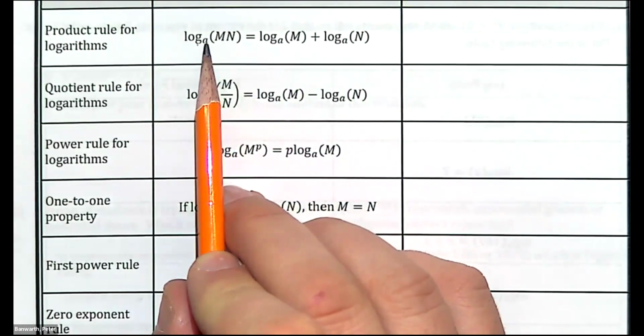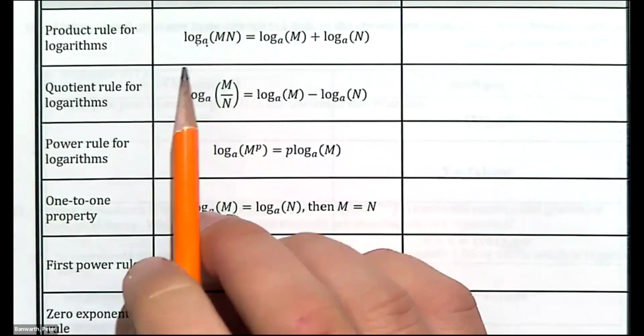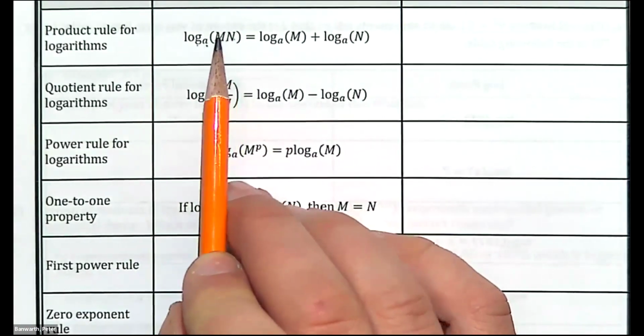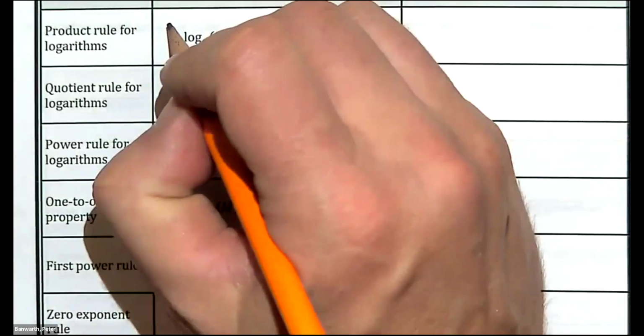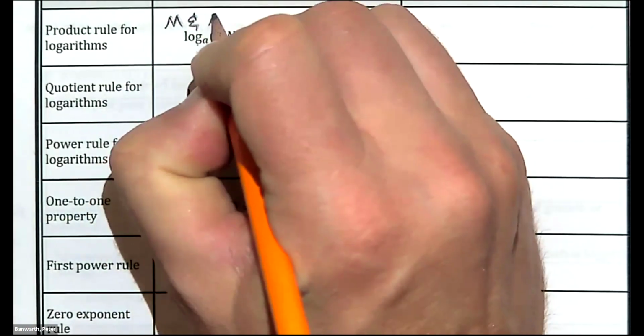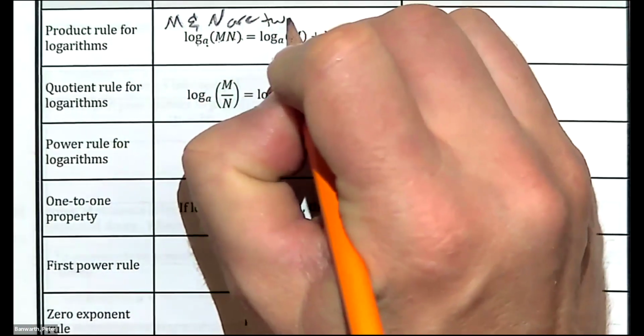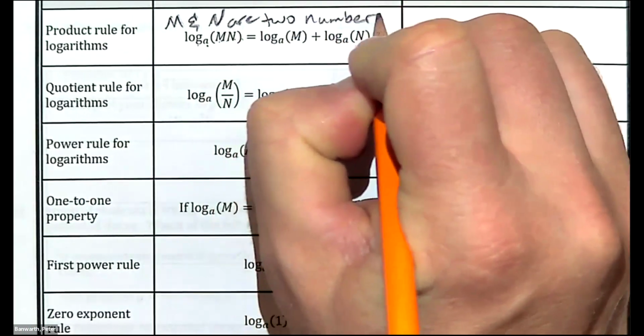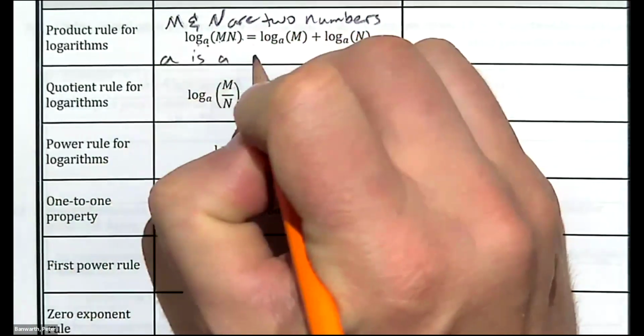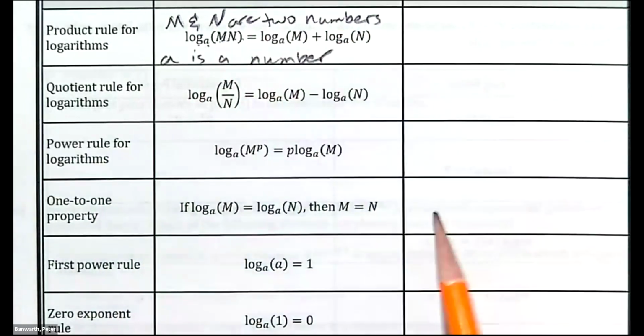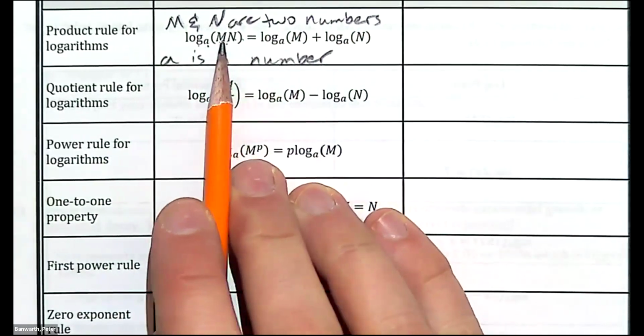Log base a, we're going to get into what all this stuff means in a minute, but what kind of operation is happening between, it doesn't even say, M and N? M and N are two numbers. A is a number, okay? What's the operation between M and N right there?